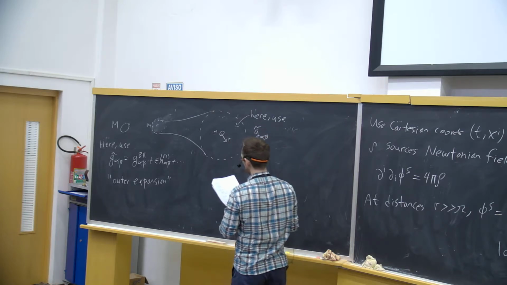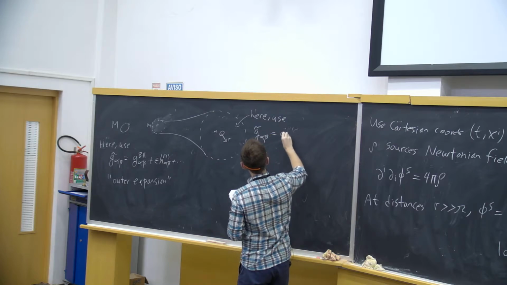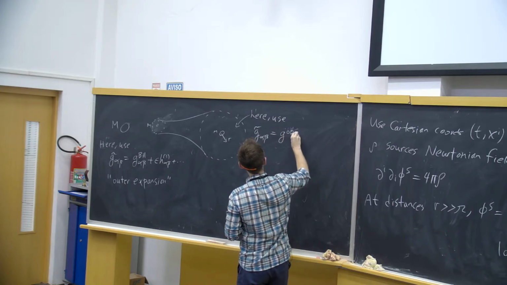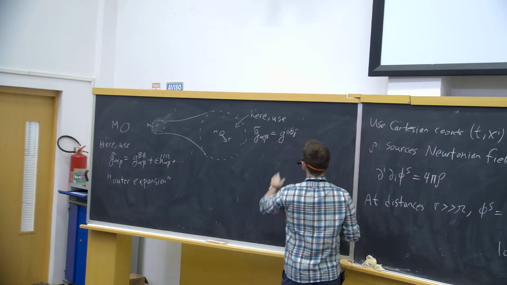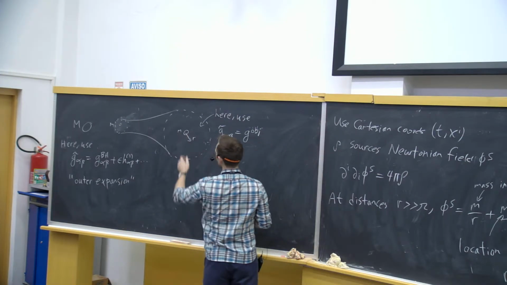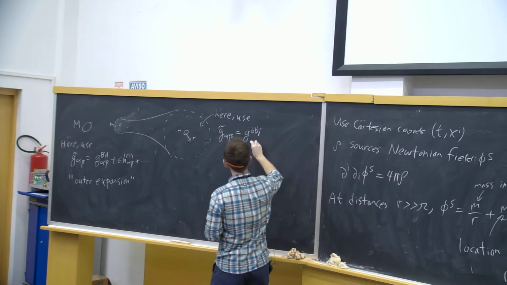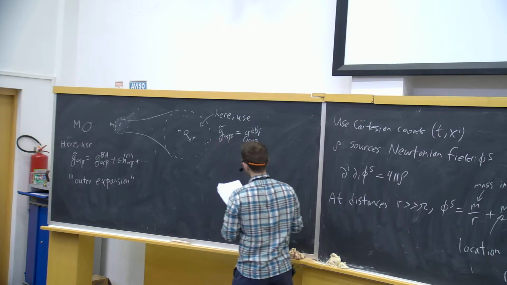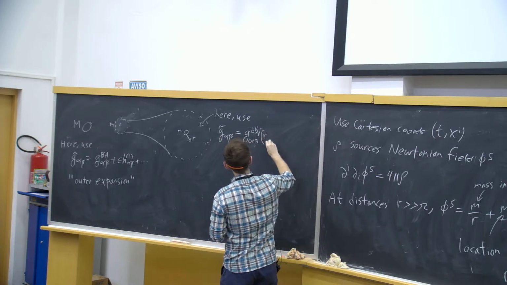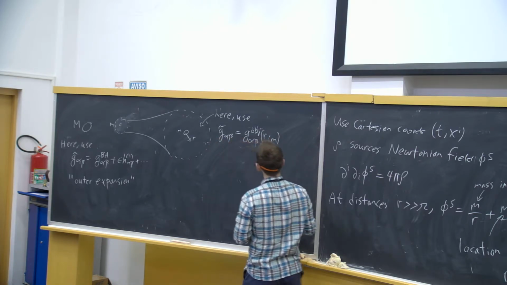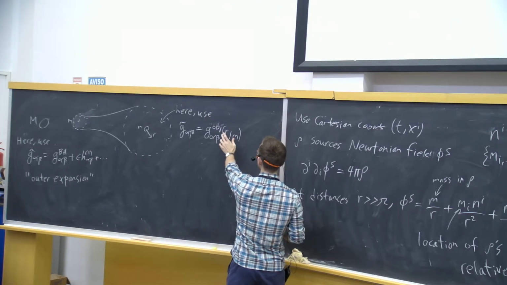Where the exact metric at leading order is going to be the metric of the small object rather than the metric of the large object. And that's going to depend on the distance, or of the ratio r over m.